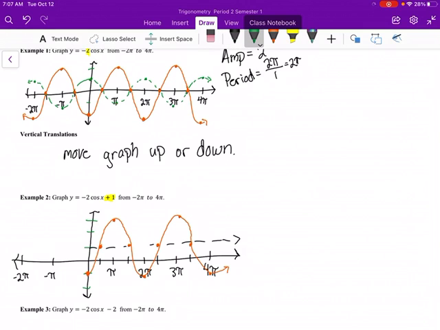So our amplitude for this is still going to be 2, just like it was on the last graph. And if we finish, this is what the rest of the graph would look like. So the only thing that changed is we moved it up 1.